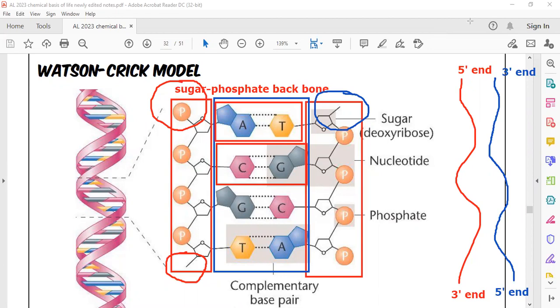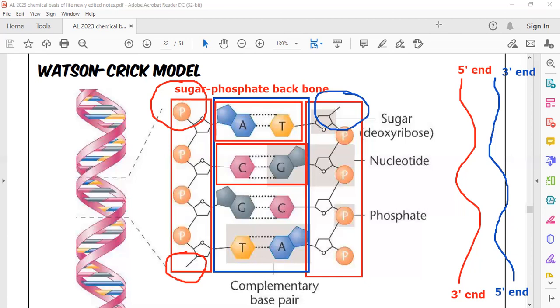Now, you know which nitrogen bases are called purines, right? Here, how many purines are there?